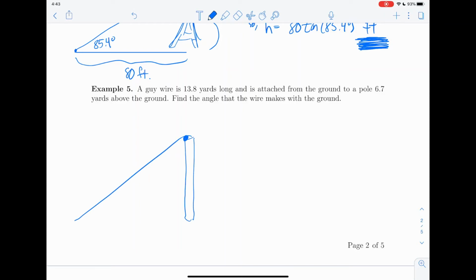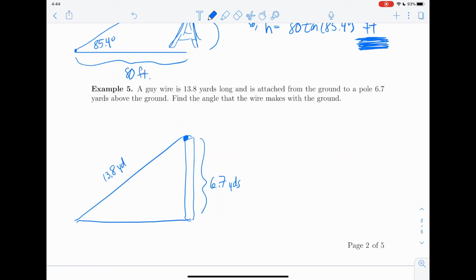And usually that guy wire is very taut. So in this case, the guy wire is 13.8 yards, and apparently it's attached from the ground to a pole and the pole is 6.7 yards above the ground.